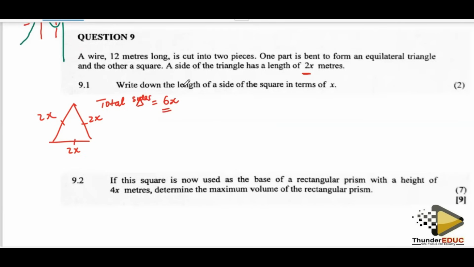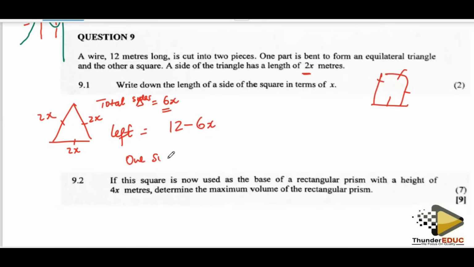Then write down the length of the side of the square. The other thing we know about the square is that all the sides are also equal, but they are 4. So if this is 6x, what is left of the wire? It's going to be 12 meters minus the 6x. So this is the total perimeter of the square.